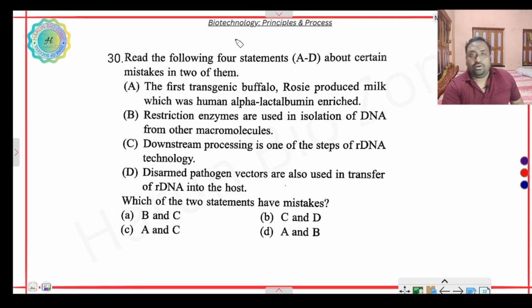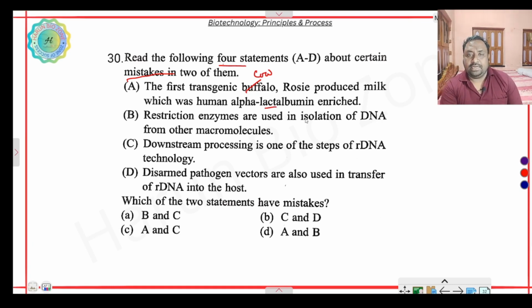Next, read the following four statements and find the mistakes in two of them. The first transgenic cow, not buffalo, Rosie, produced milk enriched with human alpha-lactalbumin, because this lactalbumin is more efficient than human milk.